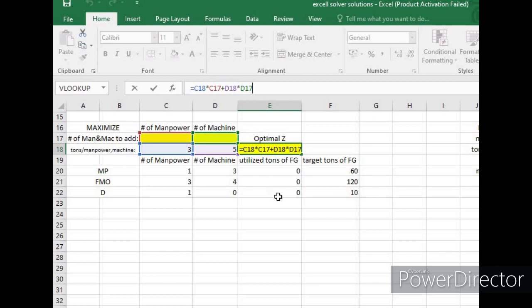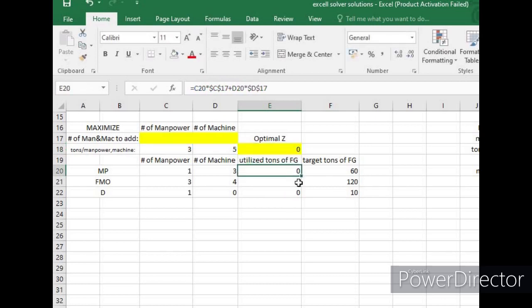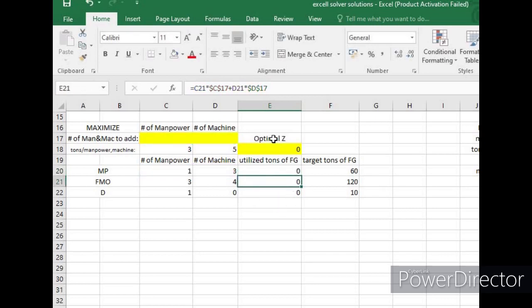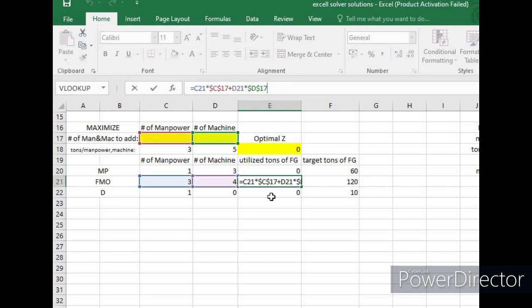Next, the formula for this first row of the utilized tons of Fg is the product of this one and this one plus the product of this one and this one. It is the same with the following formula, the product of this one and this one, the product of this one and this one.